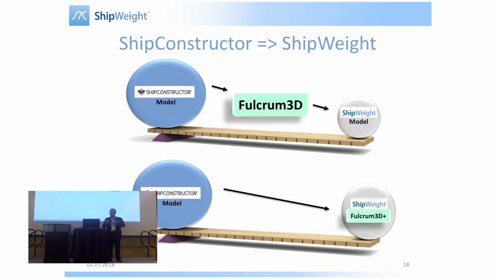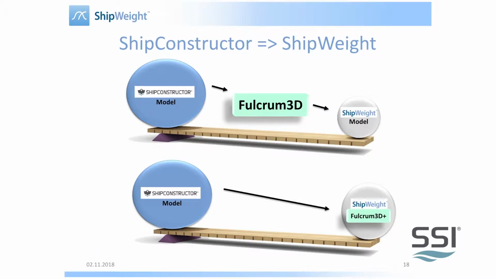All of this was done in Fulcrum 3D, and then you export an XML file that ShipWeight will consume, and through that XML file carry out the changes, adding new items, changing existing items, and deleting any items that have been deleted out of the CAD model, which will also be deleted automatically out of the weight model. In addition to having, as mentioned, the live items and assemblies.